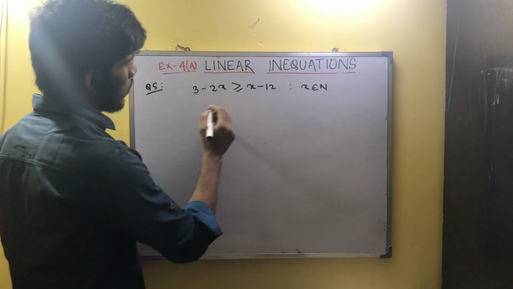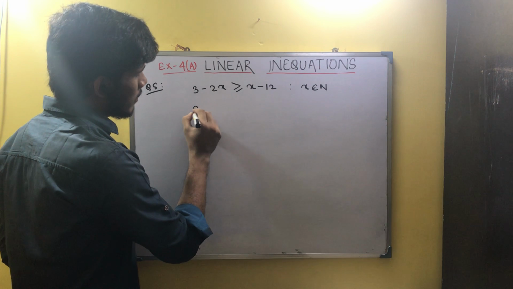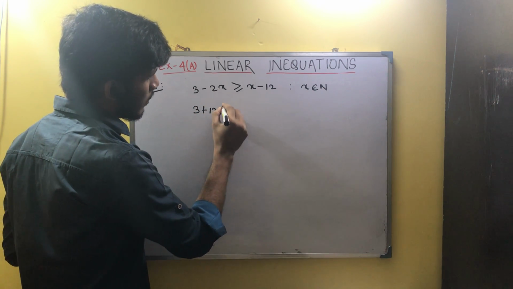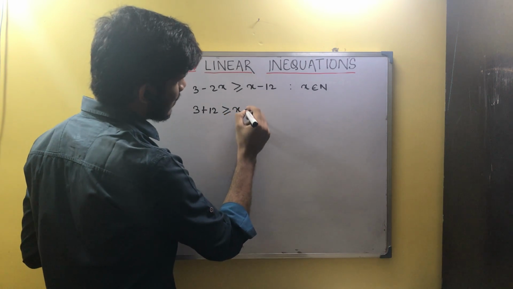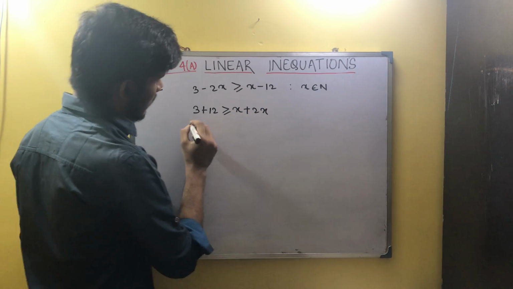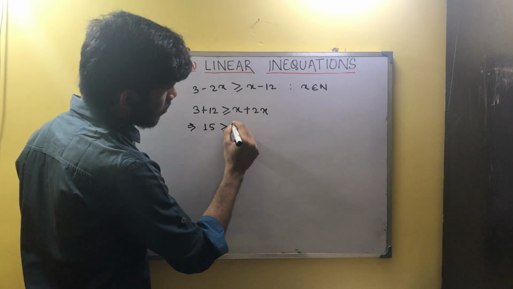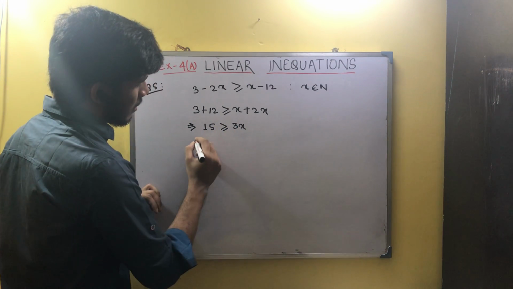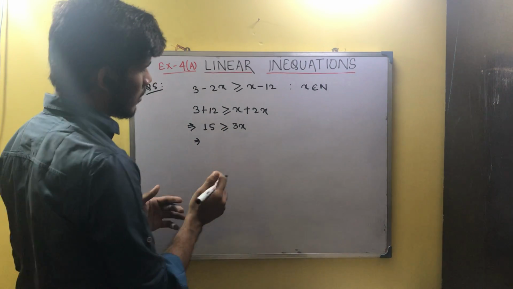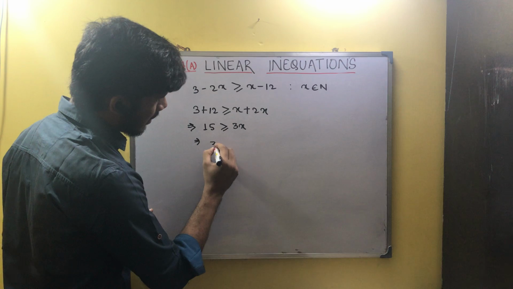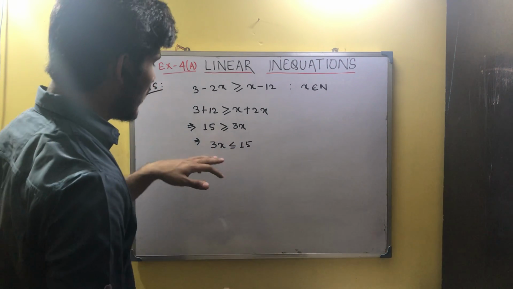Let's take 12 to the LHS. We get 3 plus 12 greater than equals to, let's take minus of 2x to the RHS, x plus 2x. That implies 15 is greater than equals to 3x. Now if you reverse the order of the inequation, 3x is less than equals to 15, obviously you can write this way, isn't it?